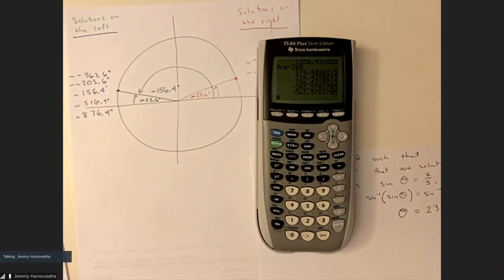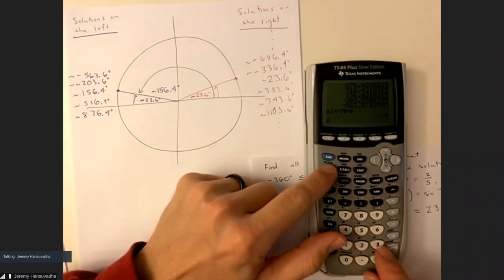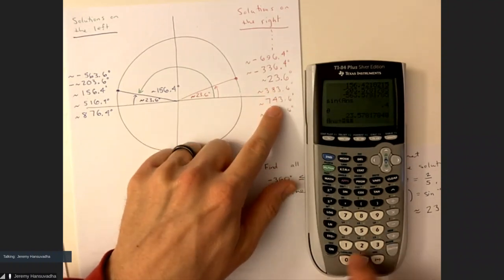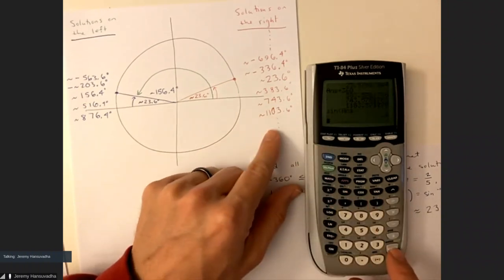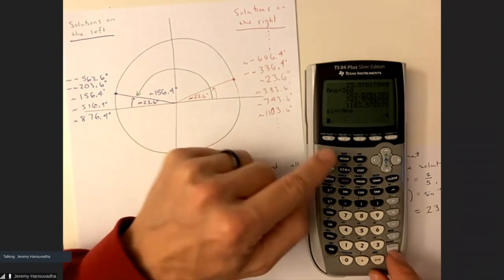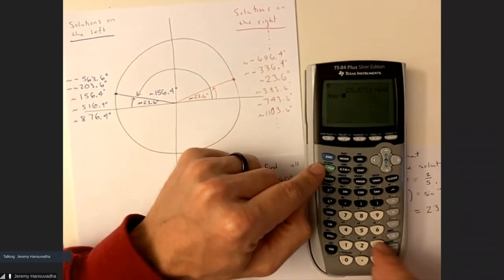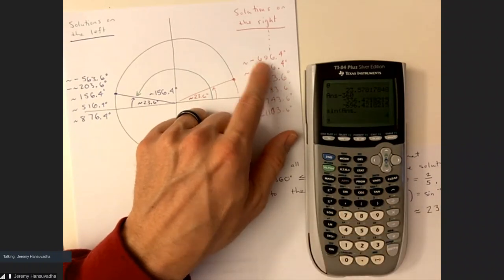Okay, and let me just check those real quick. Sine of that. Oh my gosh, it keeps working out. And I never checked these, so let me just go back and check these real fast. Let's see, 23.6. Let me add 360 a bunch of times. Check this one. Sine of that. Yep. And let me subtract 360 a couple times. Minus 360. Let me do the sine of that and see if it checks. Sweet. All of them keep checking, right?